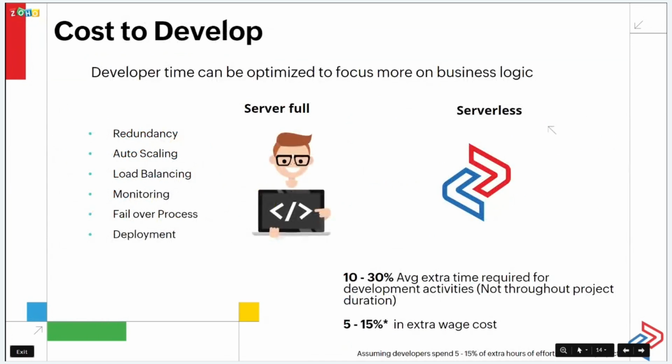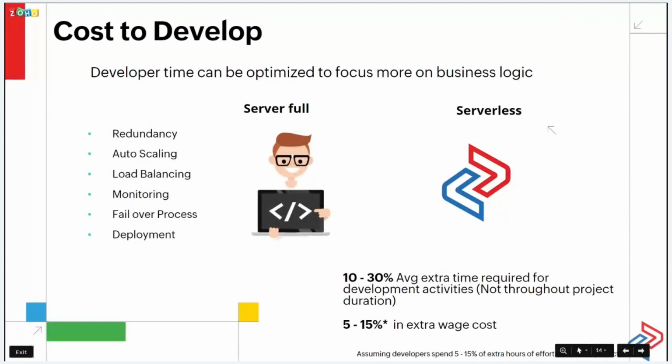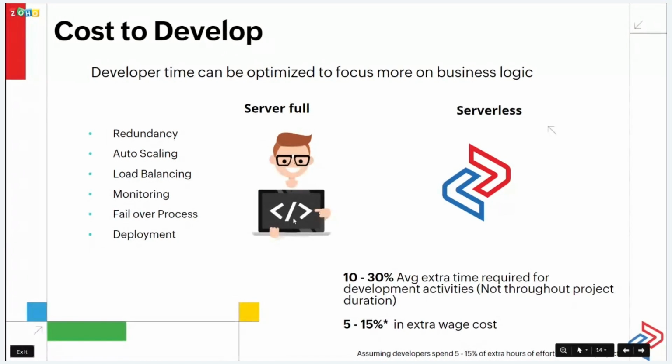Let's look at the second element that we had in cost, which is cost to develop. Now, developer time, in the first slide, we saw that as stack implementation is decreasing, focus on business logic is increasing. So I think we fairly established that the best use of a developer's time would be to work on their core application and the core functionality that it has to offer. Now, we're looking at serverful instances in comparison to a serverless instance.